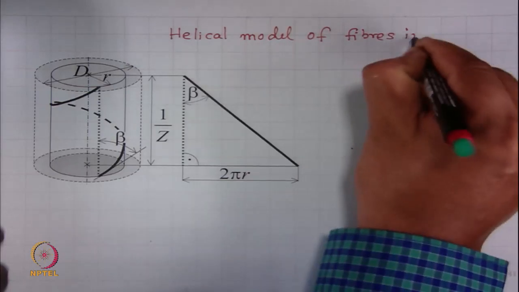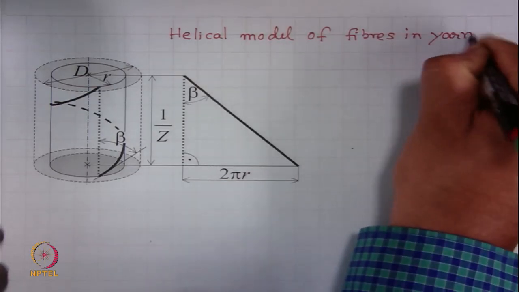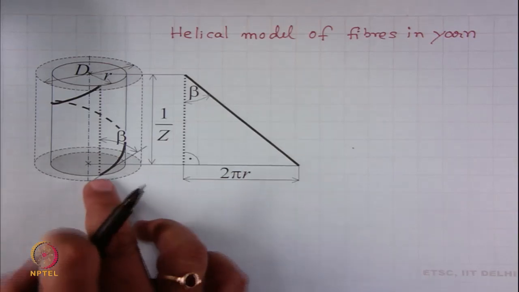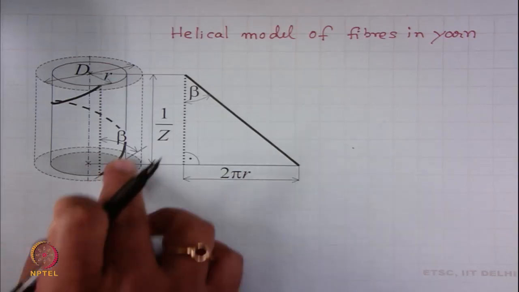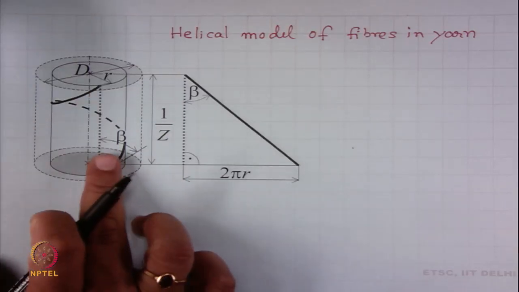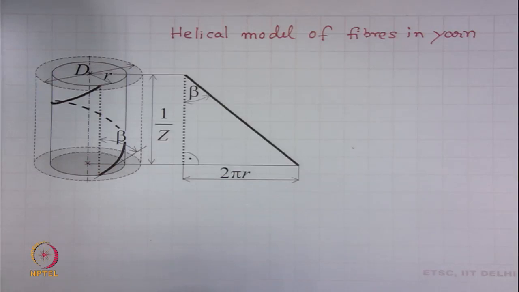We recapitulate this model. A general fiber is situated at a radius r in the yarn. It makes an angle beta from the yarn axis.